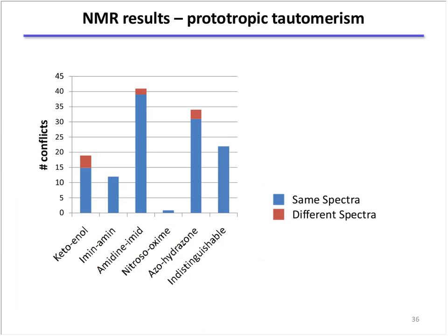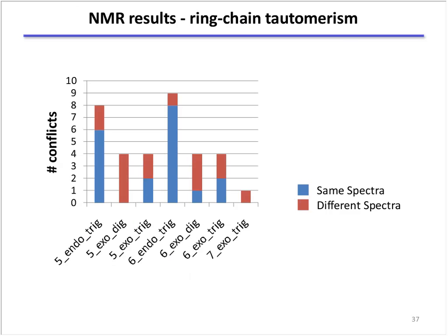Only in the red portion cases do we have a different structure or different tautomers. Similarly, for the other examples of tautomers, in most of the cases they are the same molecule. In a few cases, we have found a different red color structure that indicates we have 2 different tautomers.